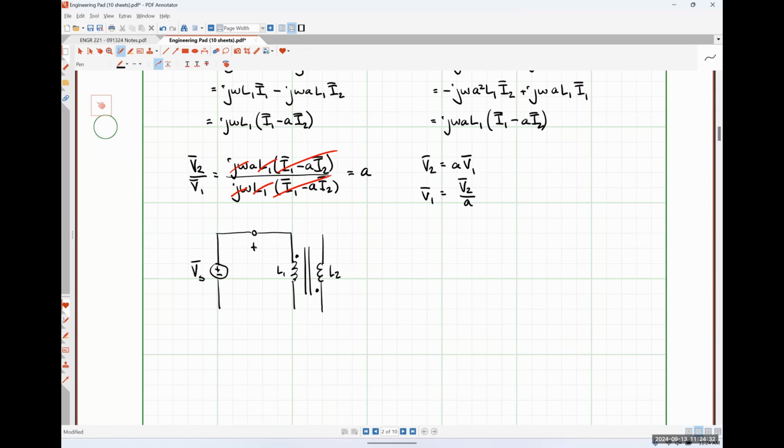Our dots are on opposite sides. Here's our voltage V2. And I'll let you guys pick the directions for our currents because that's how little they matter. So I1 flowing in, I2 flowing out. Sure.